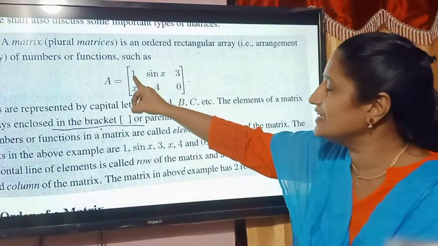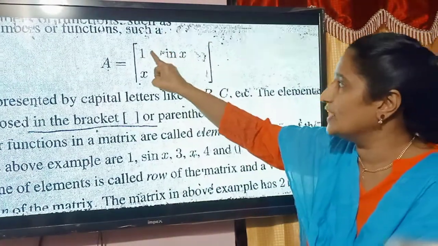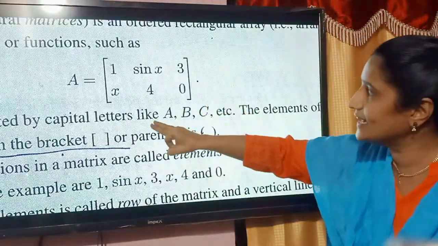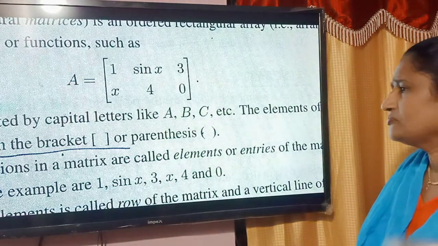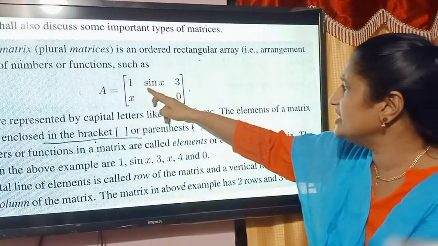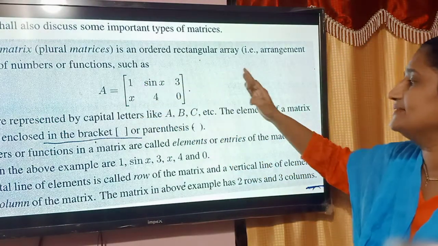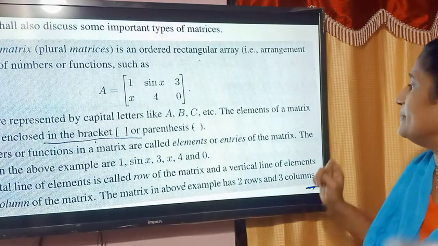What are the elements here? 1 is an element, sin x is an element, x is an element, 3 is an element, and also 0 is an element. The members or functions in a matrix are called the elements or entries of the matrix.